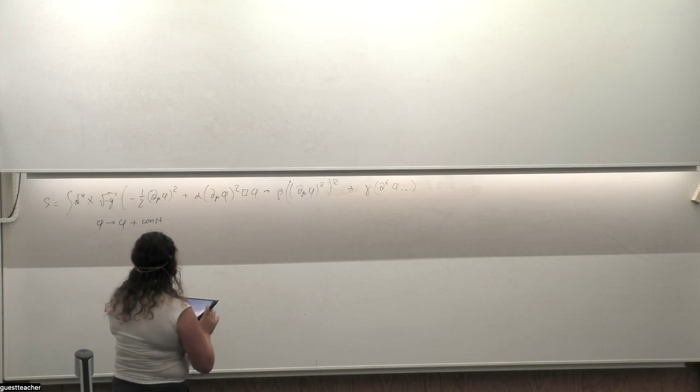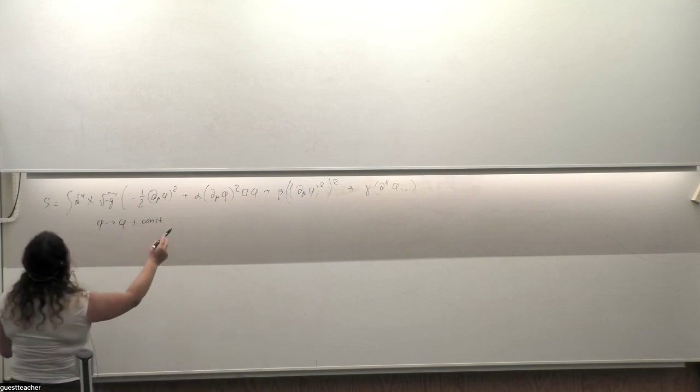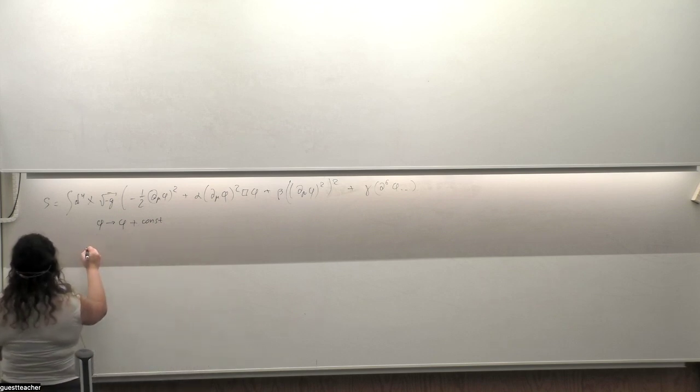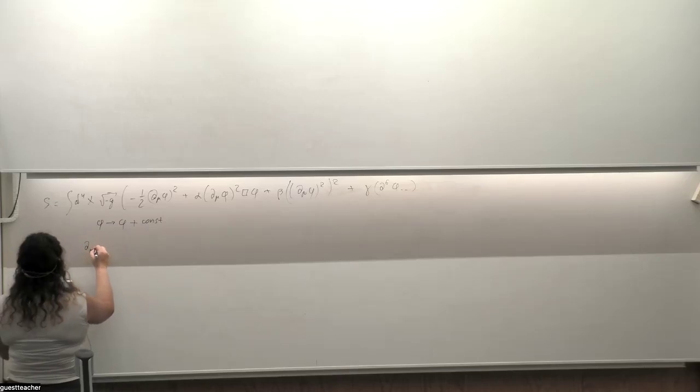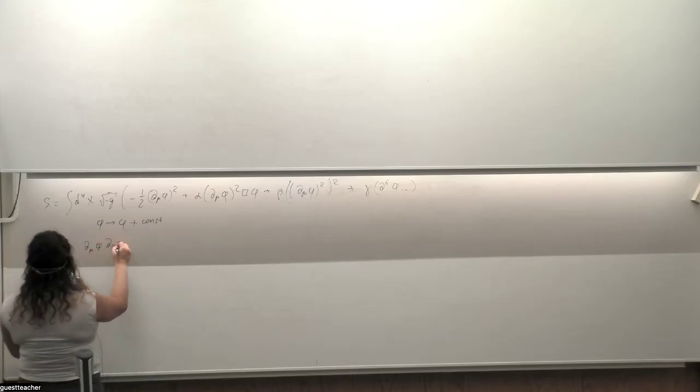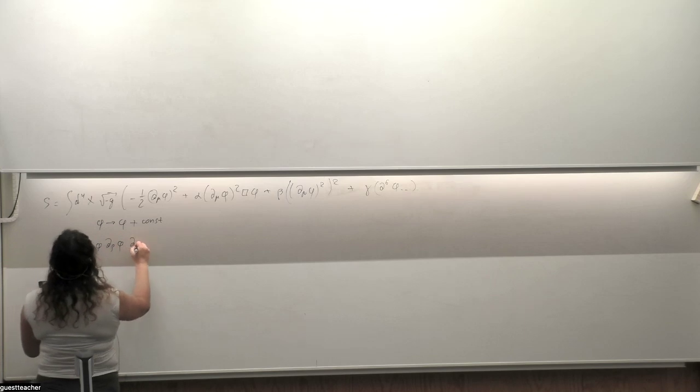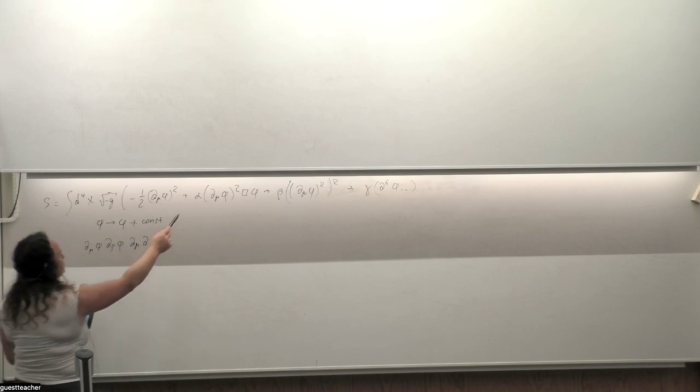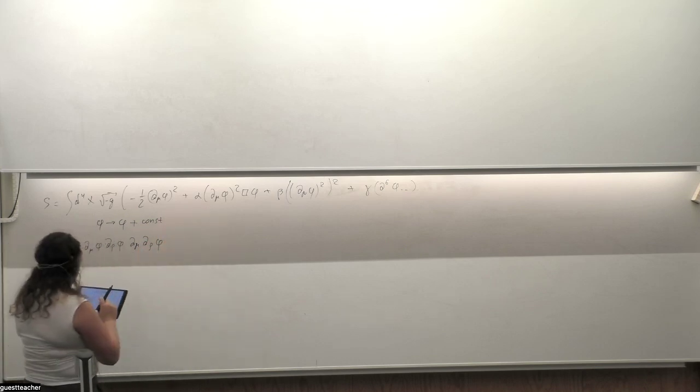For example, at the cubic level, in principle, we can have a term d mu phi, d rho phi, d mu d rho phi. But I can reduce it to this one. How can I do it?